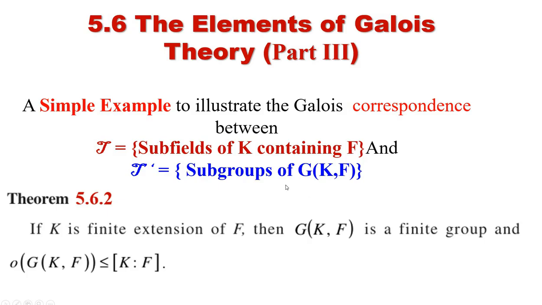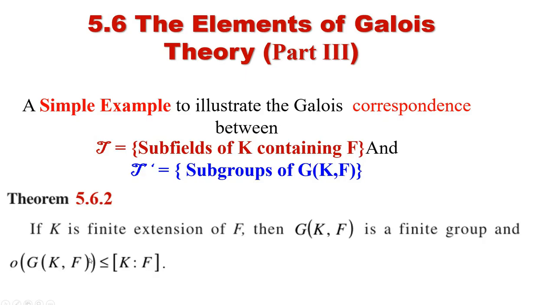That will be very useful in understanding some of the concepts that we are going to deal with after this. So that part we will do, and then Theorem 5.6.2, whose statement is: if K is a finite extension of F, then G(K/F) is a finite group, and the order of G(K/F) is less than or equal to the degree of K over F. Once this is established, it is obvious that G(K/F) has to be finite.